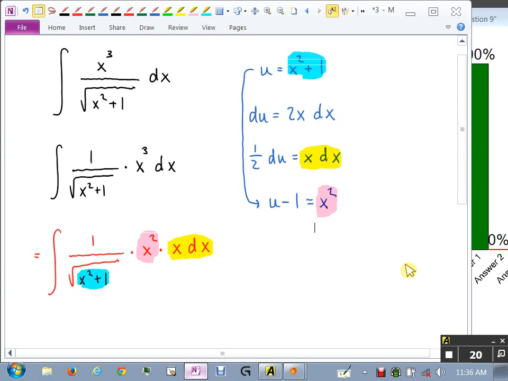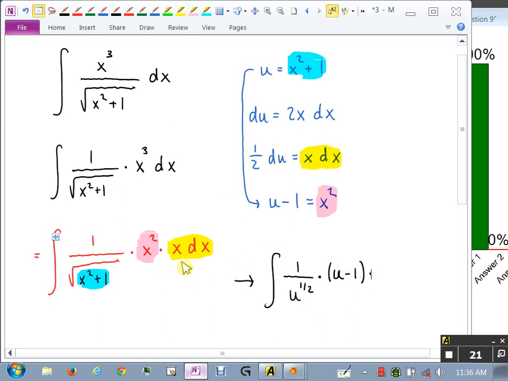All right, good. All right, let's rewrite the integral. This integral is now going to become what? 1 over root u. I'm going to write u to the 1/2 times. I'm going to go in the order that I have them here. x squared, which would be my u minus 1. I need that in parentheses.